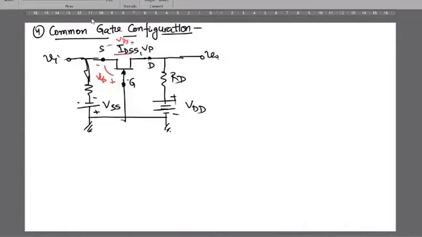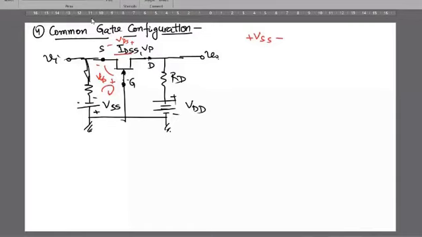So we can apply one KVL equation over here. Plus VSS.